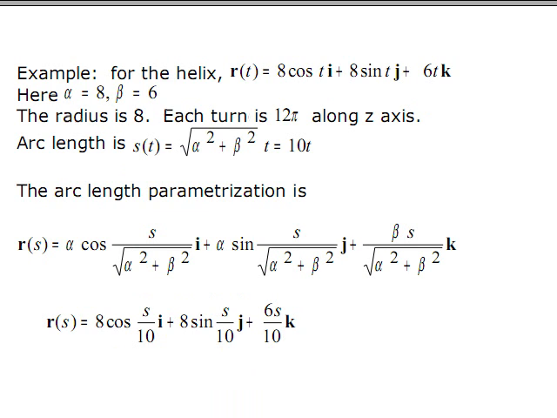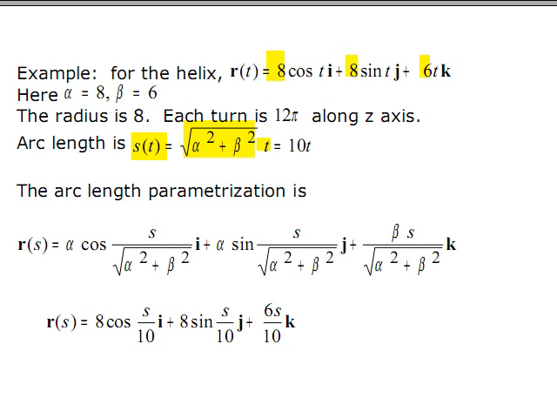So here's an example. Say the helix has a radius of 8 and beta is 6, and you would like to put that into the arc length parameterization form. Well, the arc length was s equal to the square root of alpha squared plus beta squared times t, and the square root of alpha squared plus beta squared is 10.